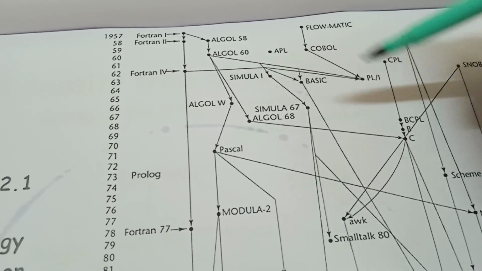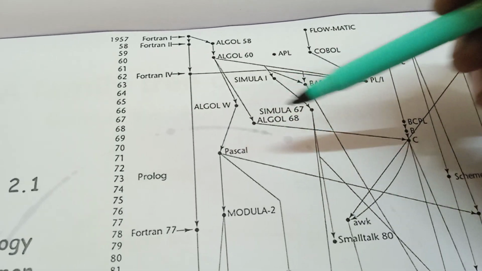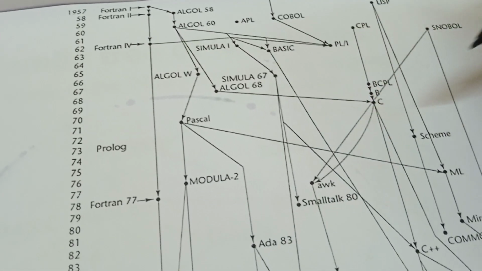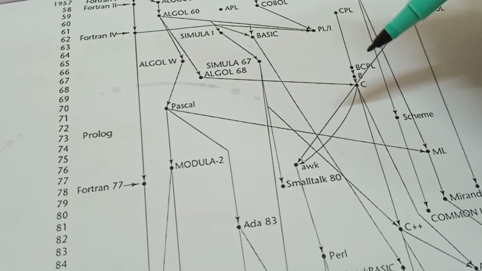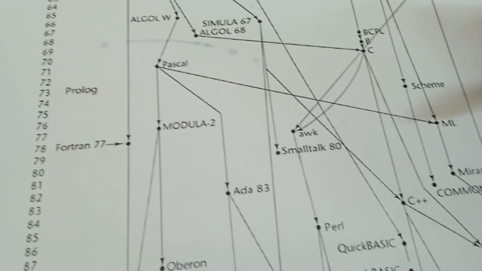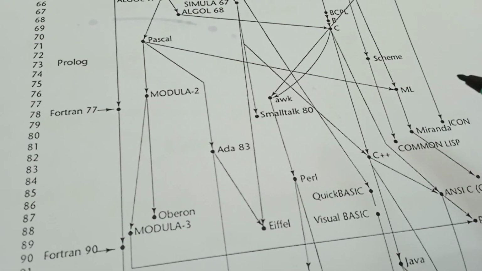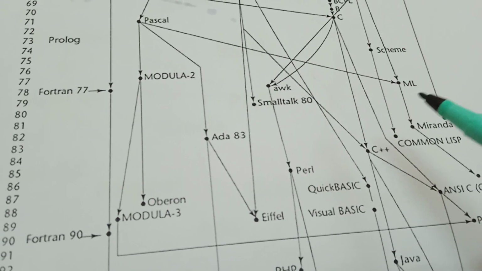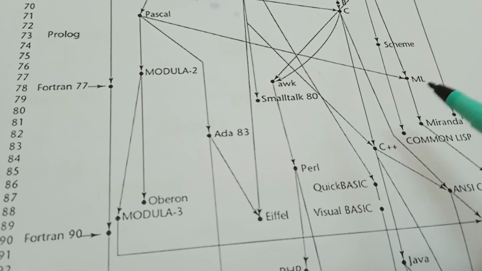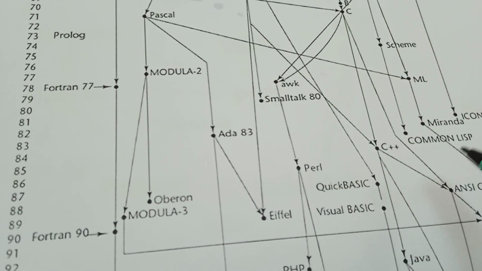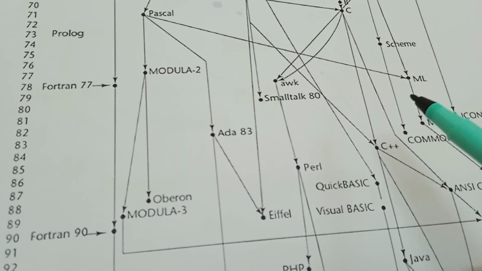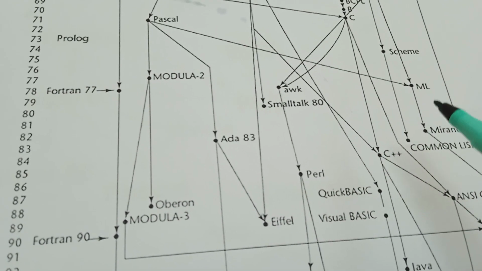Lisp, CPL, Simula, Algol, Basic, PL/I, Snowball, BCPL, BC, Scheme, ML. Here, don't misunderstand: ML is not machine learning. ML stands for meta language. As far as programming language concepts are concerned, ML is meta language.